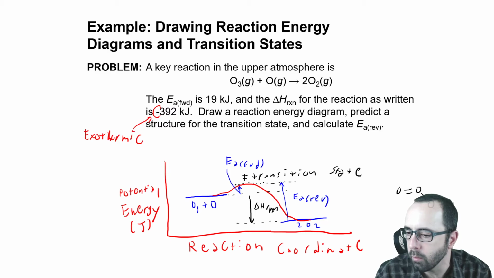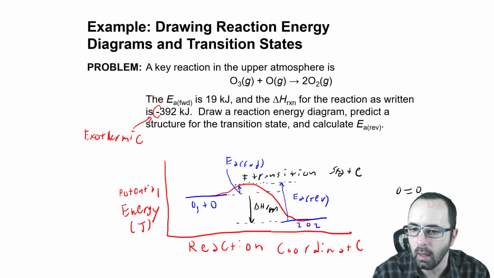So this bond will begin to be broken, and then there will be a new oxygen atom here, and this bond will begin to be forming. And so in the end, this bond here will break, and this one will form, and we'll have two O2s. So it'll actually be a double bond here.